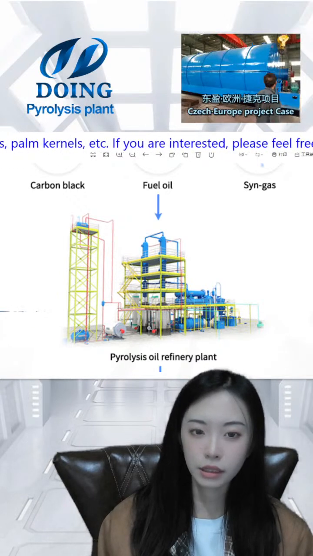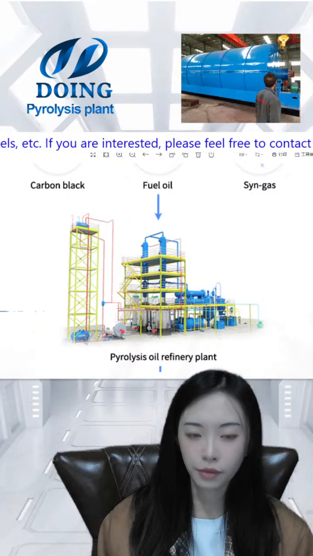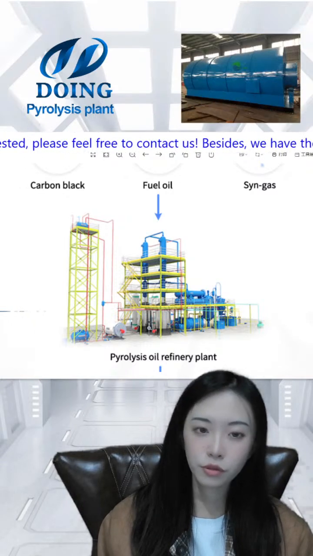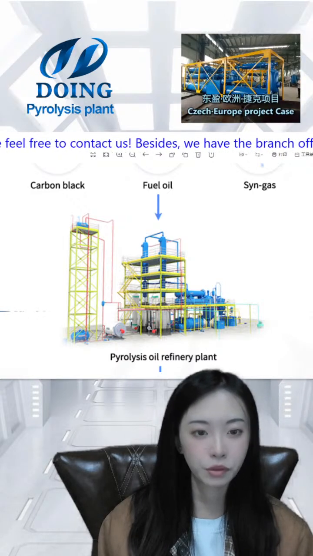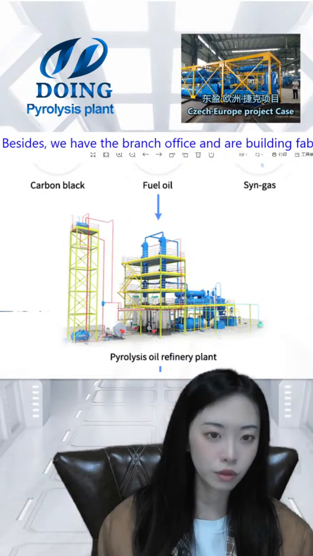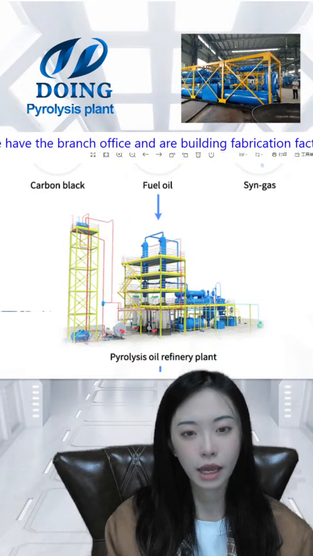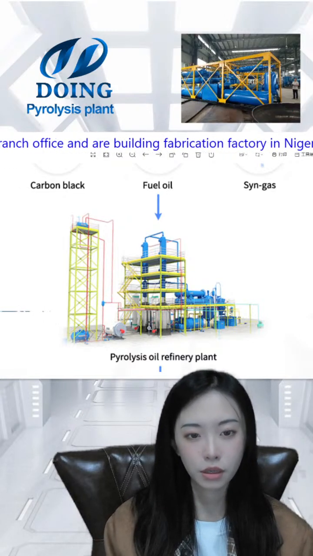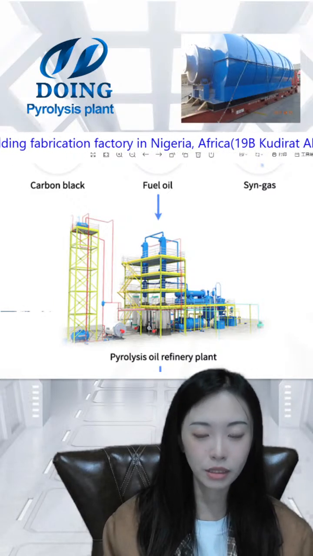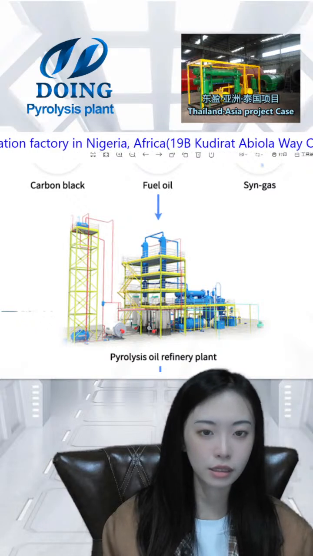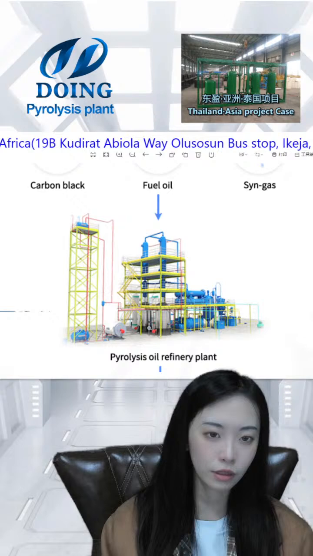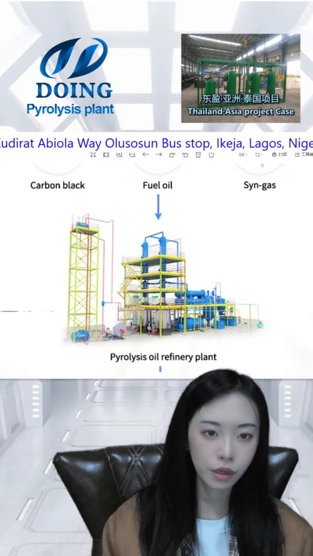And this is the pyrolysis oil refinery plant. If you want to purify the fuel oil to raise its quality, you can use this pyrolysis oil refining plant, or we call it distillation equipment, to get non-standard diesel that has a higher quality than the fuel oil.